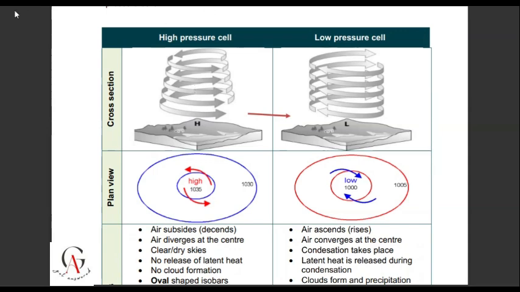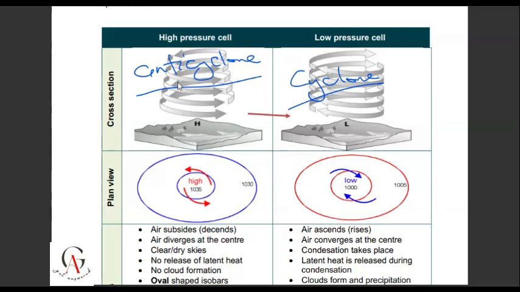And a low pressure cell, we are basically referring to as a cyclonic cell. So when we're talking of cyclones, we're talking of low pressure cells. When we're talking of anticyclones, we're talking of high pressure cells. Right. We want to look at the difference between those two.